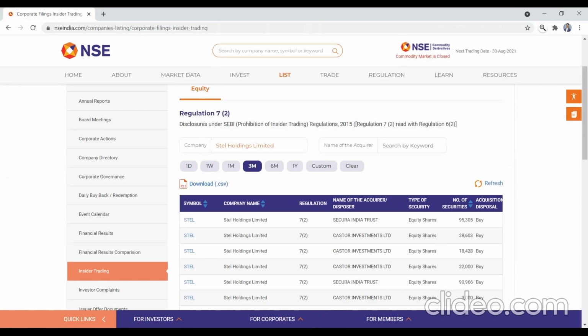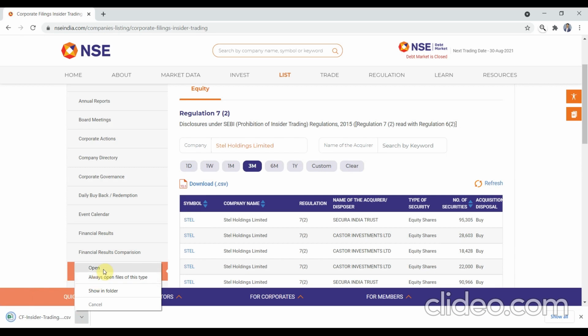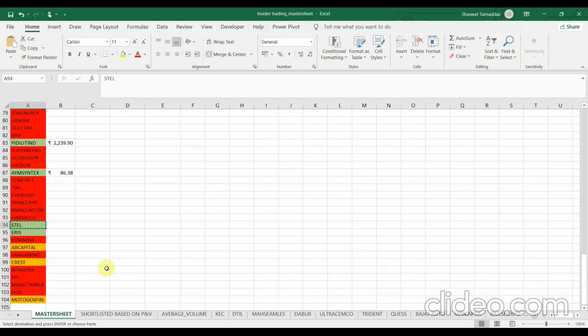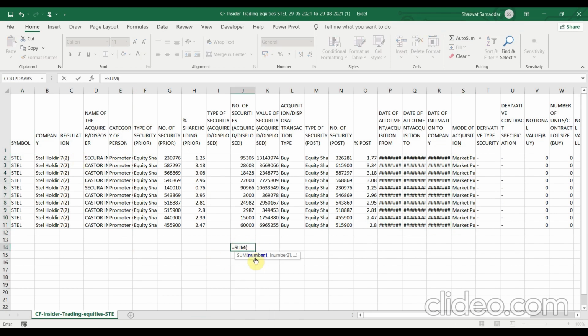All right, let's just download this again and open this. Okay. Again, I don't think we need to delete anything, as all the category of person is promoter and all the mode of acquisition are through market purchase. So let me just quickly sum up.